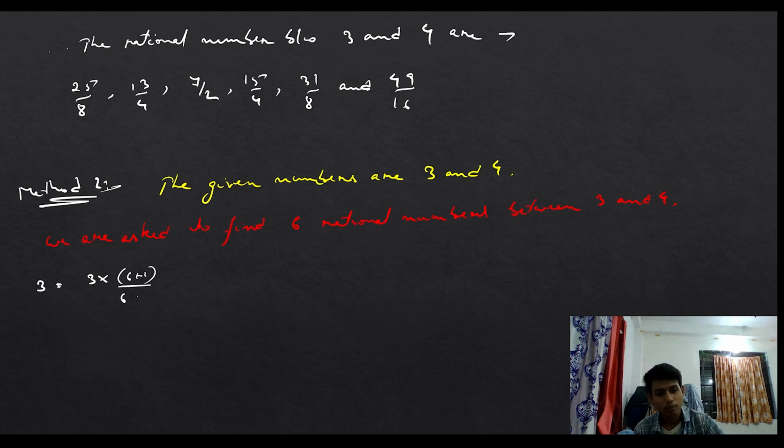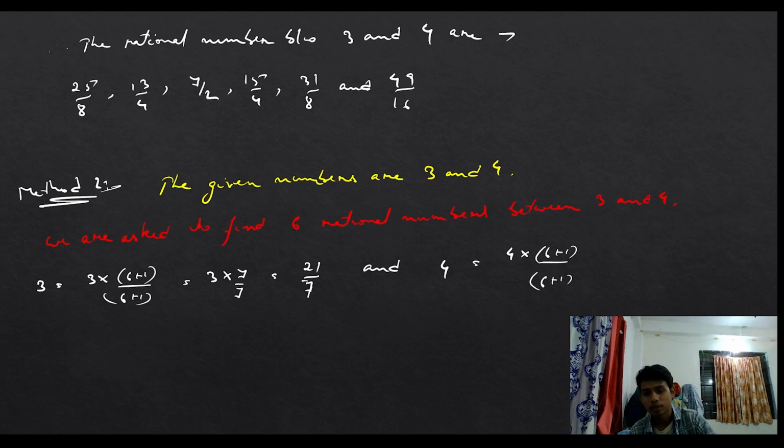6 plus 1 divided by 6 plus 1 equals 3 into 7 by 7, 21 by 7. And 4 will be equal to 4 into 6 plus 1 divided by 6 plus 1, that is 4 into 7 by 7, 7 4s are 28 by 7.